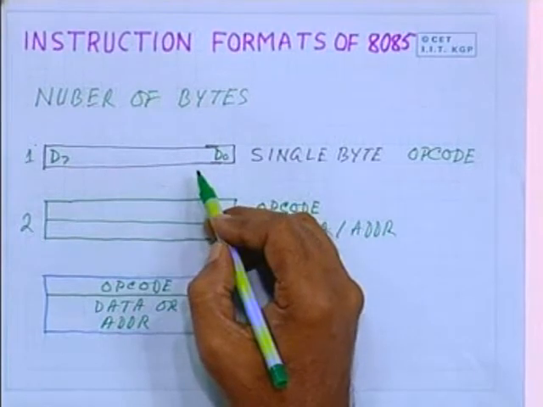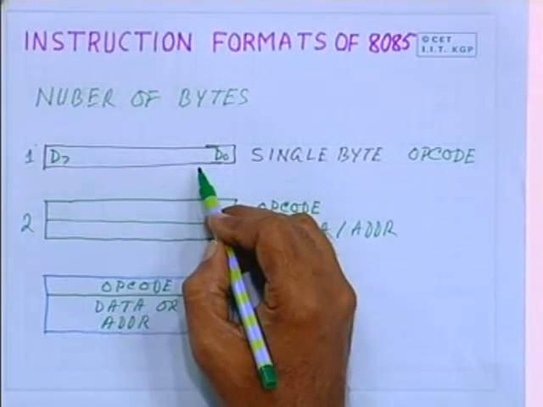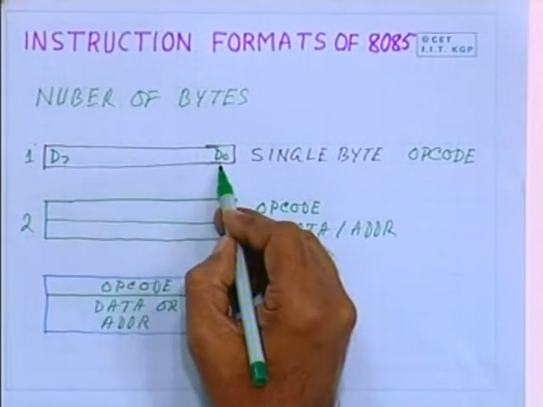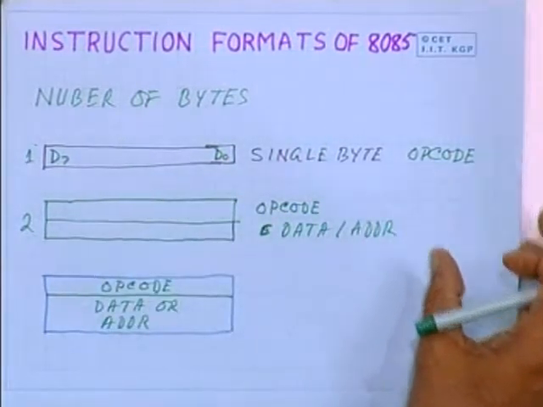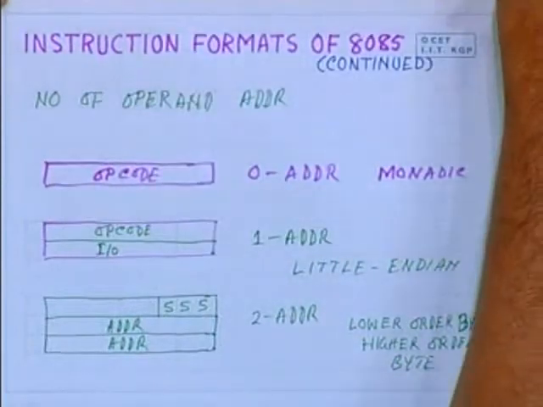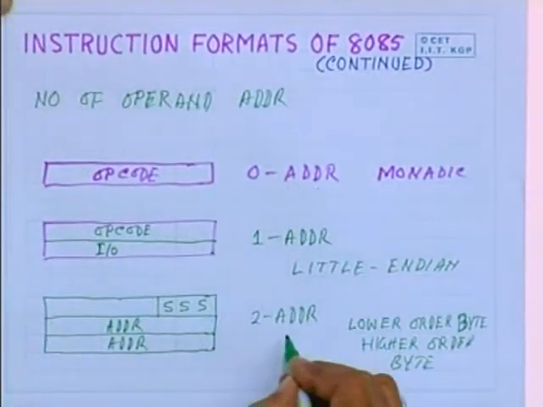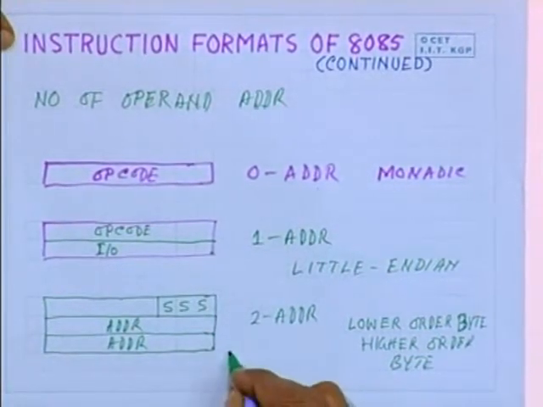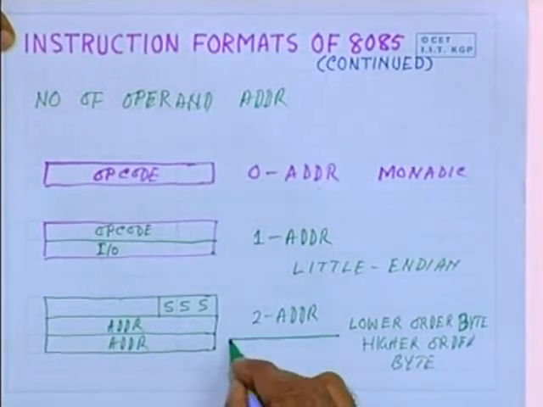It is possible to specify 2 addresses in a single byte.